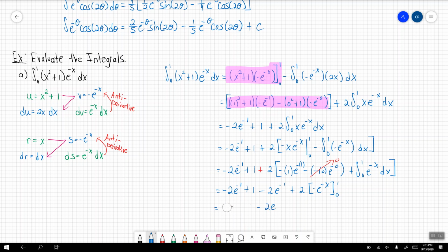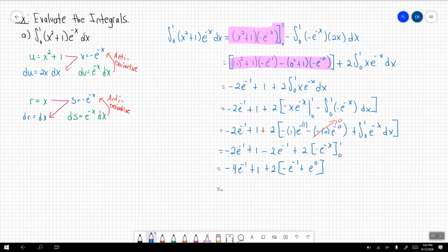Oh, look at that. E to the negative 1 has 2 coefficients already, so that's negative 4 e to the negative 1 plus 1, and then we have this coefficient here, so that's going to be plus 2 times negative e to the power of negative 1 plus e to the power of negative 0.